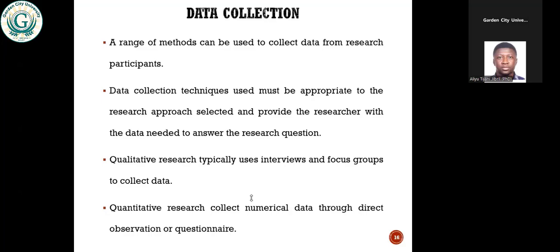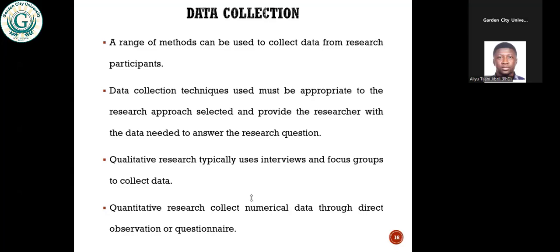Now, in research, and this is something that happens quite often, there are many instances where people tend to create their own questionnaire, just like the way Peter is asking about developing a research question.